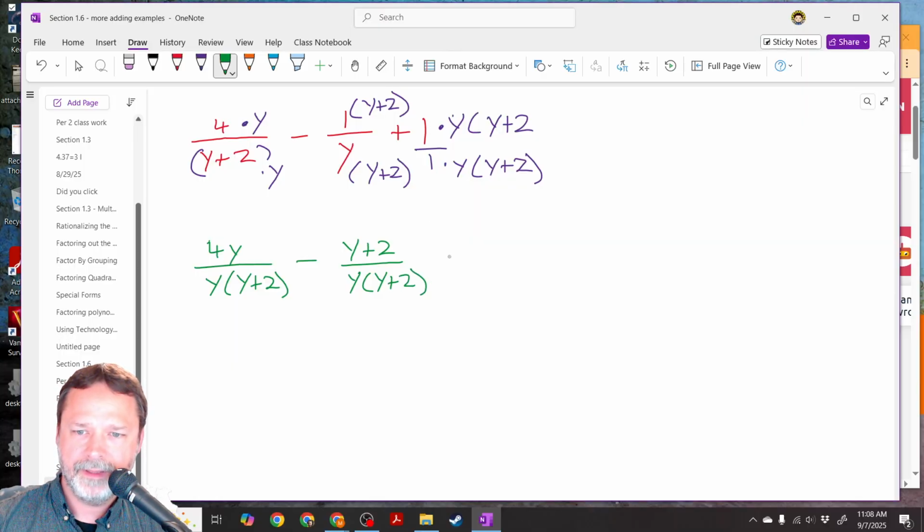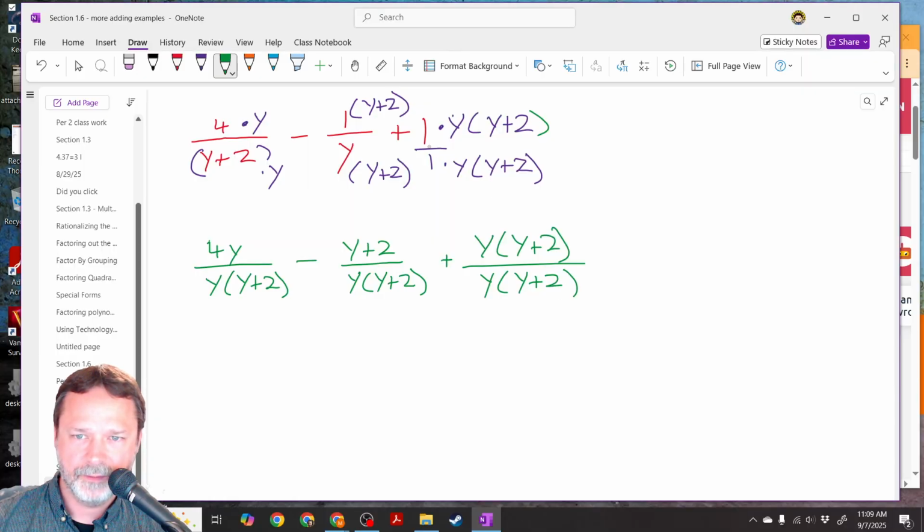And then plus 1 times y times y plus 2, so it's just y times y plus 2 over y times y plus 2. That makes sense. Remember, it was a 1, so this should be the same here.